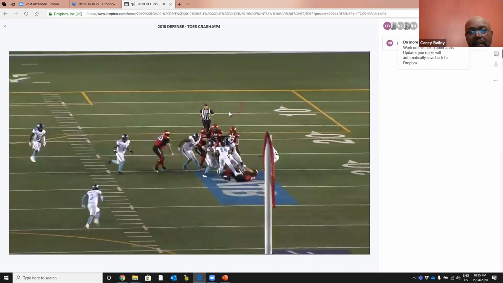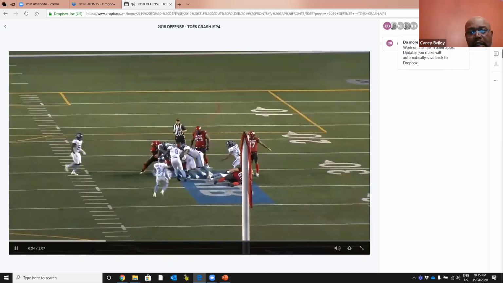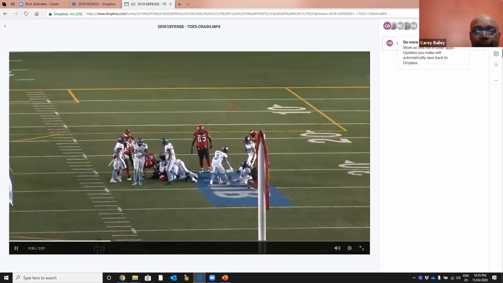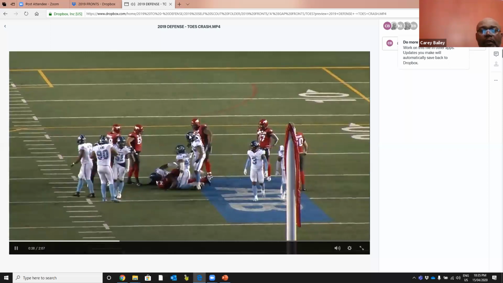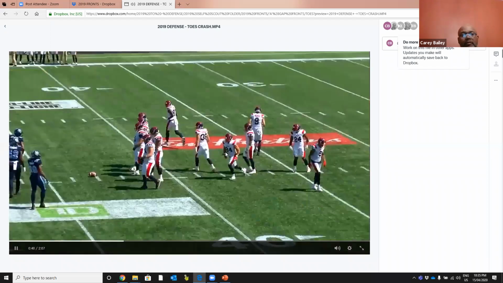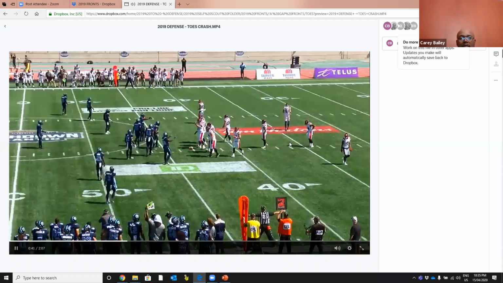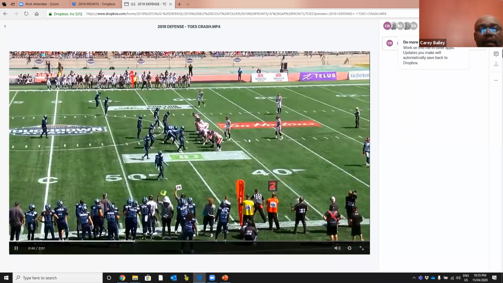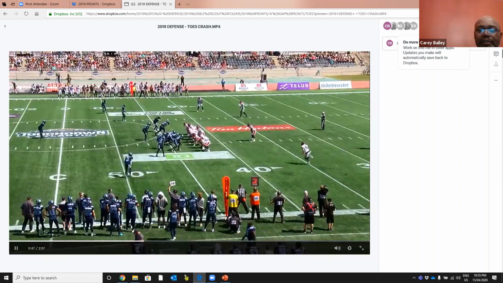He should have been under that. He should have been under the load block and been just to make that play. Okay. Now, crash stunt.